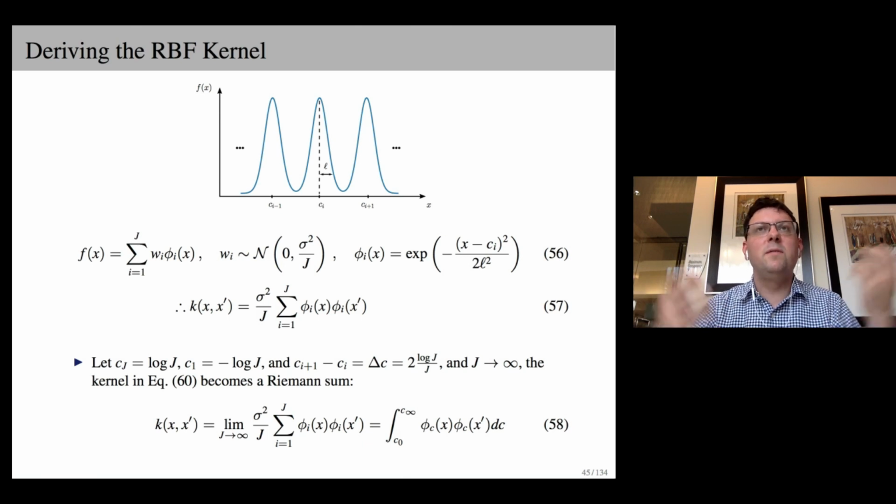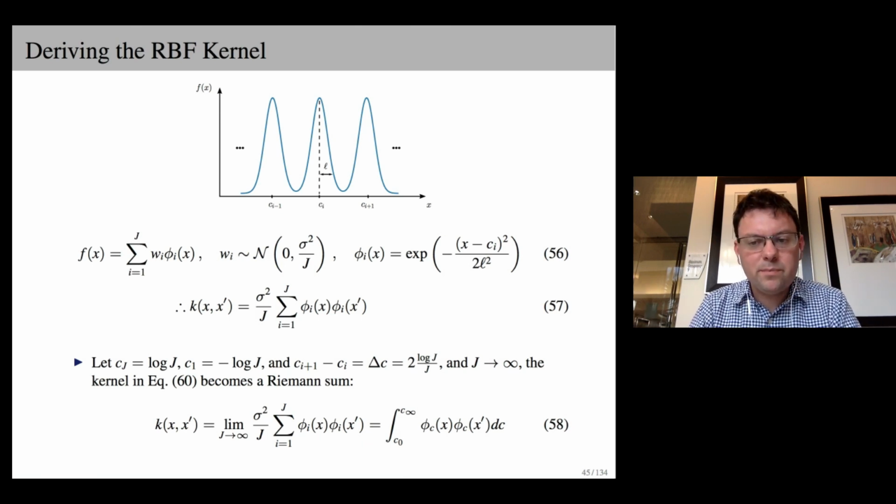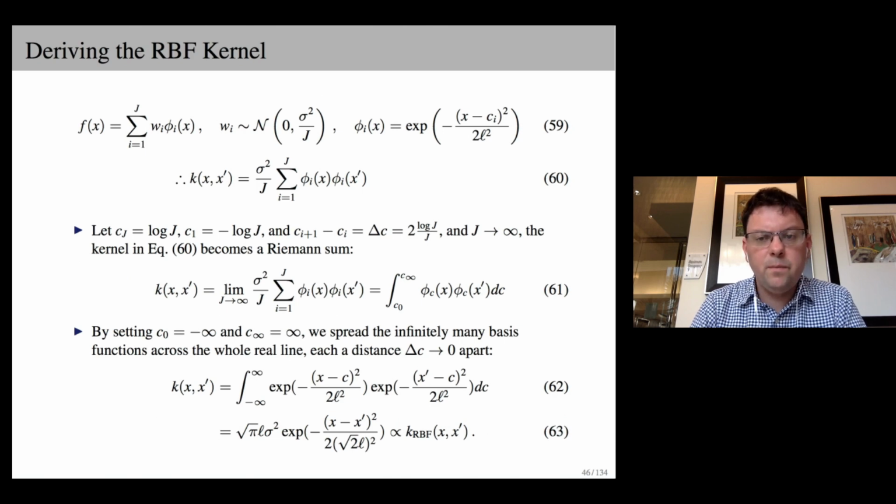I could have used root J, for instance, but not J. And the expression for the kernel in equation 57 becomes a Riemann sum, an integral, with limits c0 and c infinity, in this case, minus infinity and infinity. We can substitute in our expression for the basis functions and evaluate this integral in closed form and get something that's proportional to the RBF kernel.